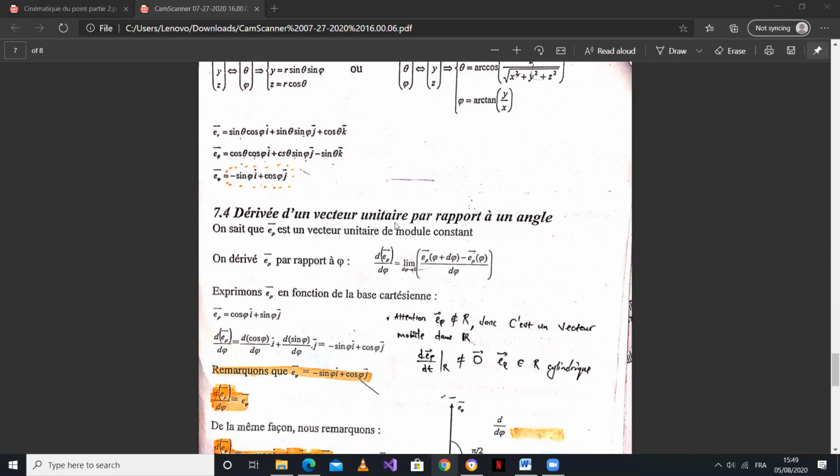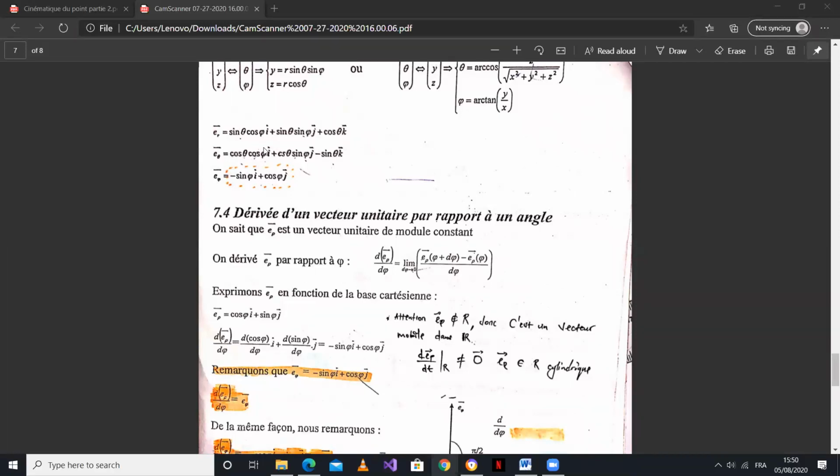So, AL, can you just repeat the answer that you found? That was the answer he got after he derived e_r, this expression here, with respect to theta.